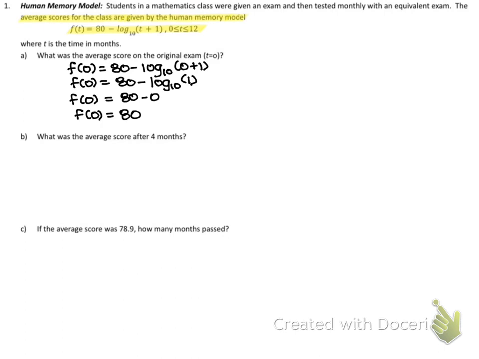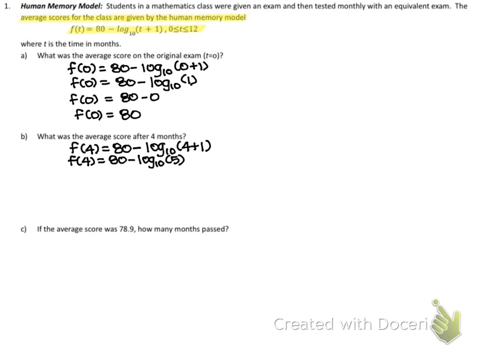What average score after 4 months? Okay, now we're going to plug in 4. Now, if log base 10 of 5 had any specific meaning to us, I would say, okay, evaluate it from there, but we don't. So in your calculator, even the Desmos calculator, the logarithm button is programmed with a base of 10.